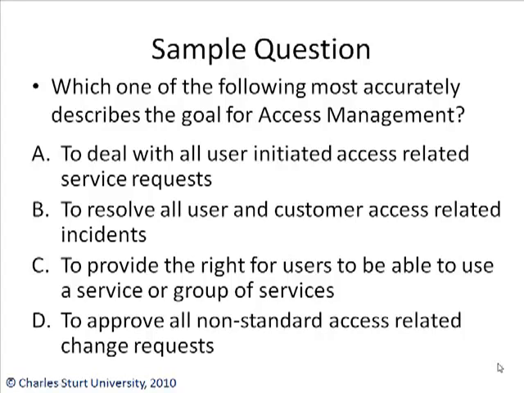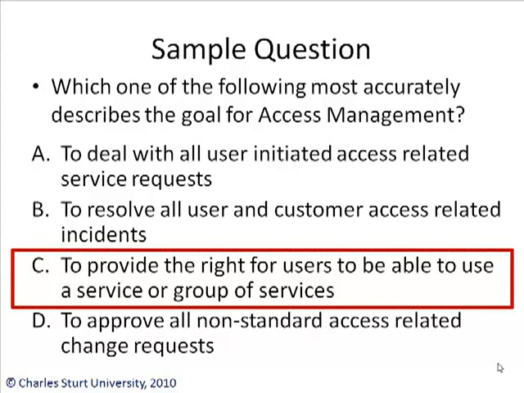And answer D: to approve all non-standard access-related change requests. I'll give you a couple of seconds to think about the answer, and then as usual, we continue. Of course the right answer is answer C, to provide the right for users to be able to use a service or a group of services.